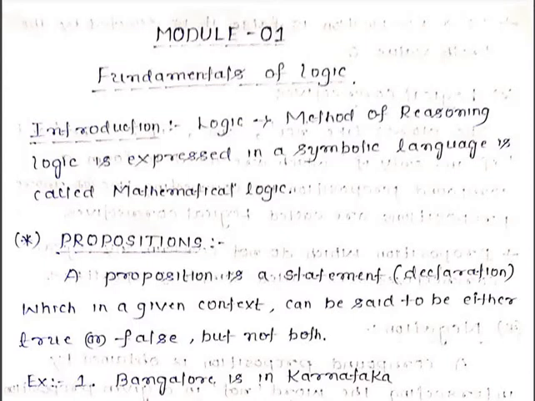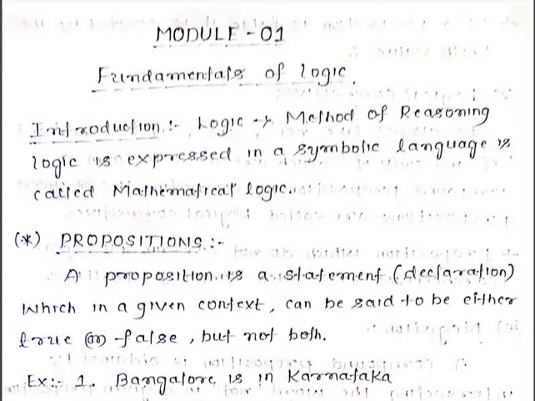First, it is a statement. If it is a declarative statement, what do we call it? We call it a proposition. Second, we have to check whether it is a true proposition or a false proposition. As we know that Bangalore is in Karnataka, it is a true proposition.